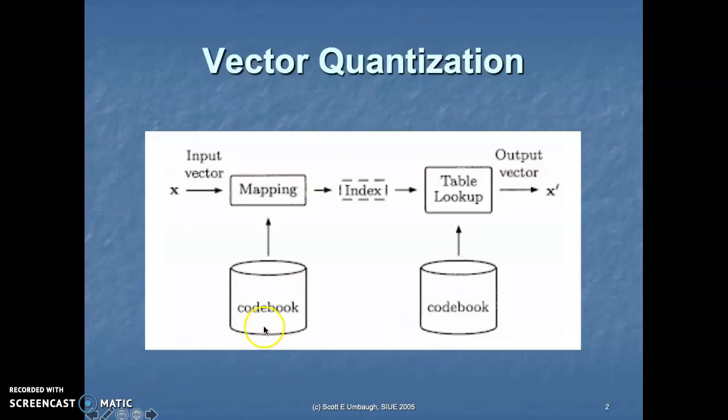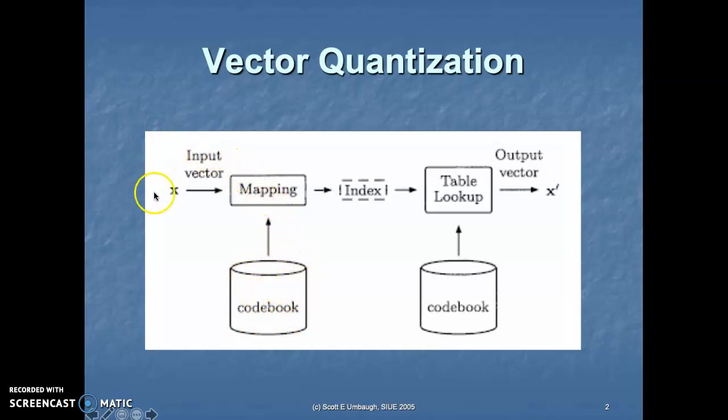So this is the block diagram of vector quantization. The concept is the same as scalar as well, where you have the input vector, then you do the mapping. The mapping will depend on the code book that you generate.